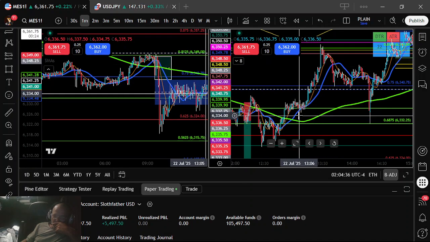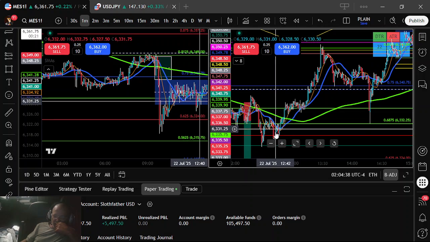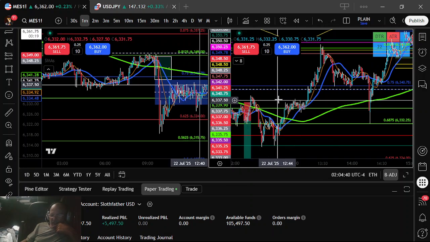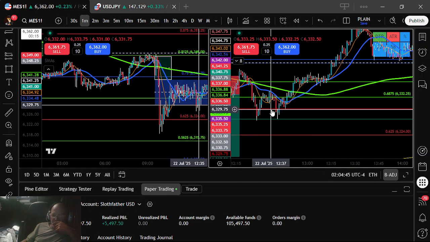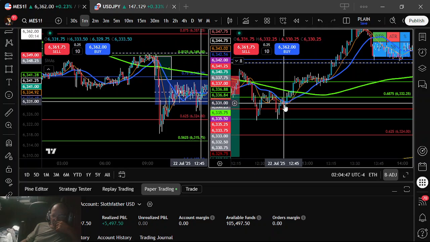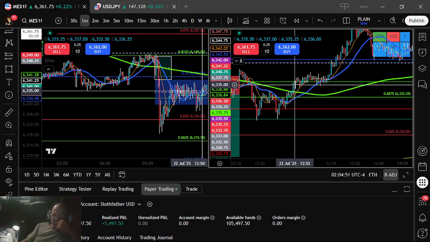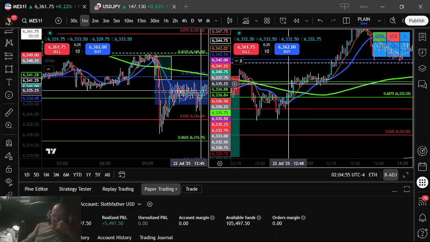Possibly this trade as well. Double bottom, previous daily low, bounce up, boom, close above the SMAs, or wait for the break above the 200.